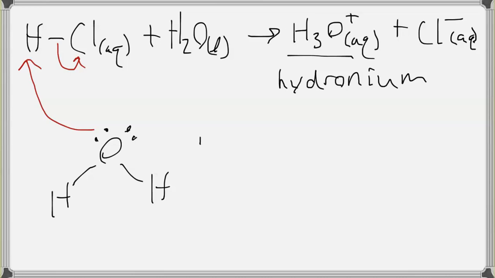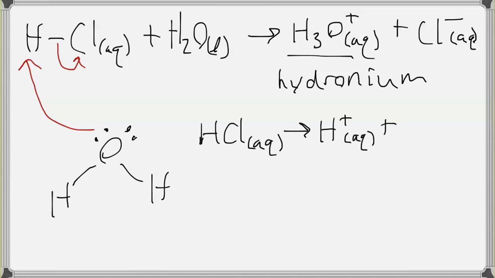So this is synonymous with also writing HCl(aq) dissociating to H+(aq) and Cl-(aq). So we use H+ and H3O+ synonymously, and we just say, look, these two are the same thing. So when you write H+, what you really mean is hydronium ion.